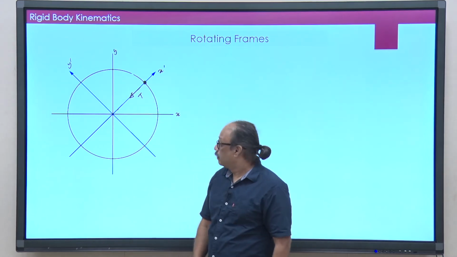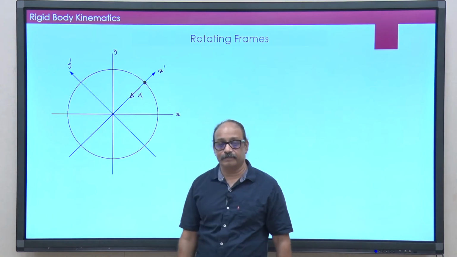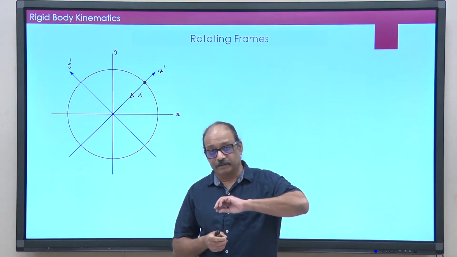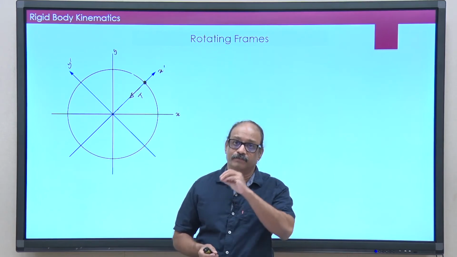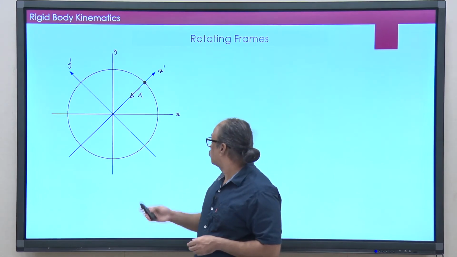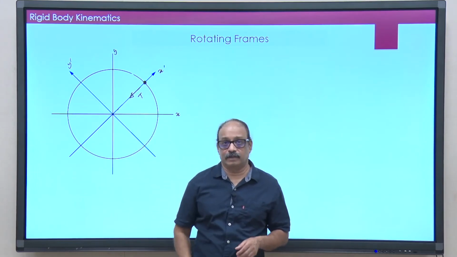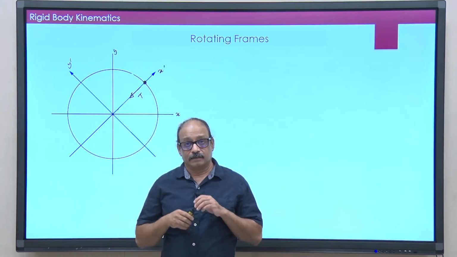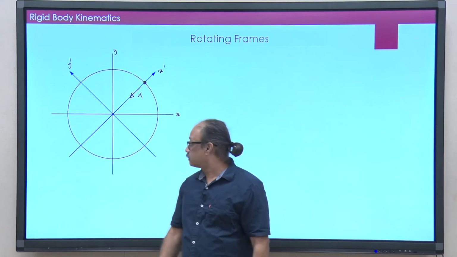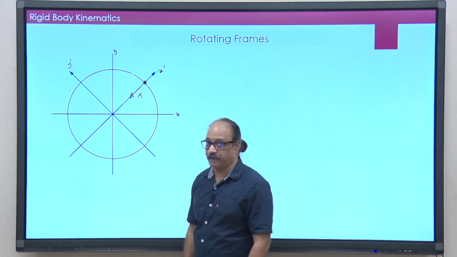But according to the S frame, the particle is actually doing uniform circular motion, because your x prime is going around in the counterclockwise direction. So, there is a uniform circular motion as seen from the S frame.